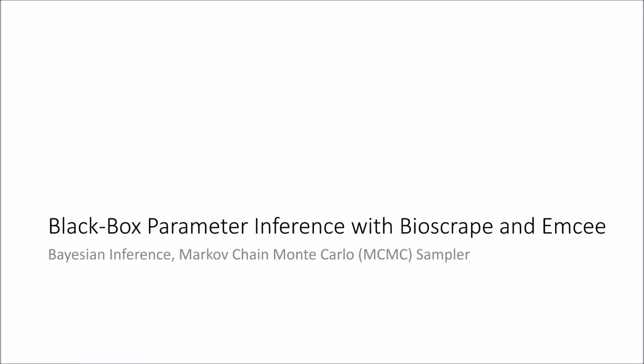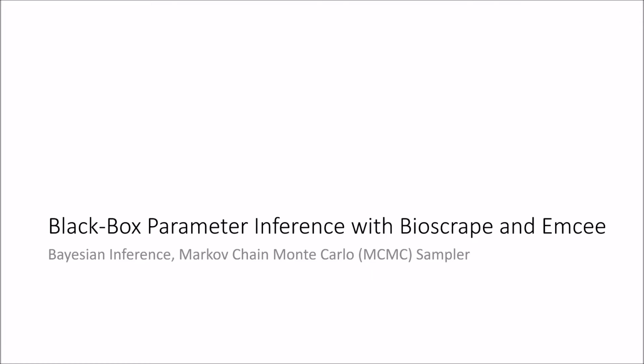With Bioscrape, we have implemented this black box parameter inference pipeline that integrates Emcee, which is a Markov chain Monte Carlo sampler, to implement the Bayesian inference algorithm to identify parameter distributions.